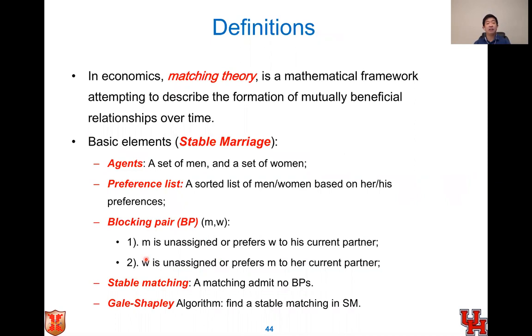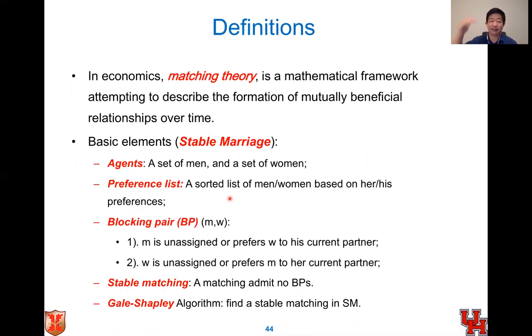In economics, matching theory is a mathematical framework that attempts to describe the formation of mutually beneficial relationships over time. So they have agents, this man and woman, and then we have the preference list. Basically, the man has a preference list, for example Lin Zhiying, and, what is the Korean pop star? Okay, and so on, something like that.